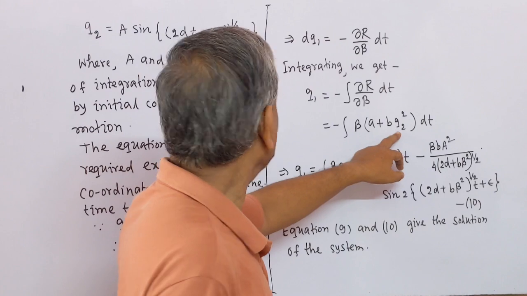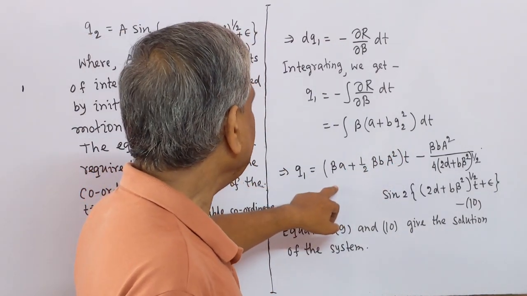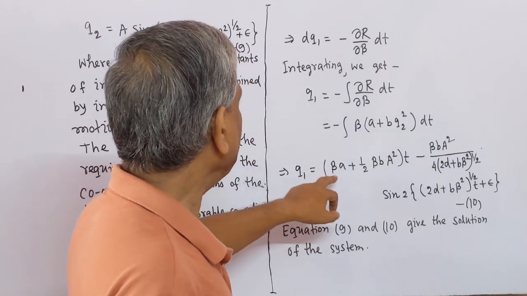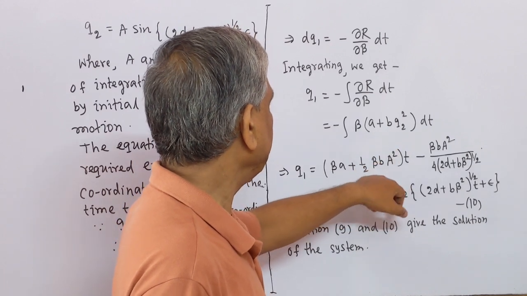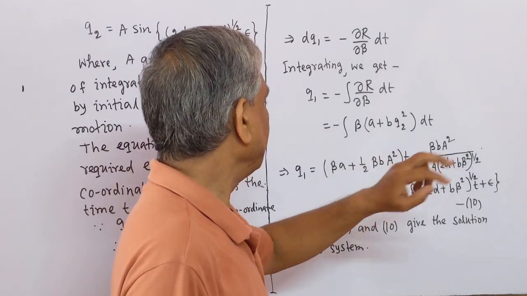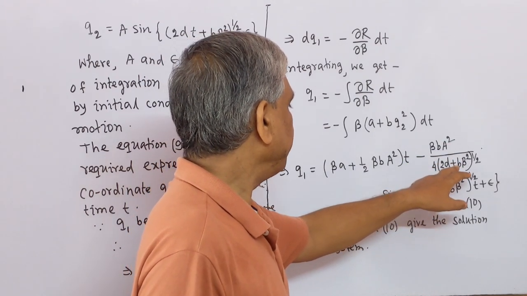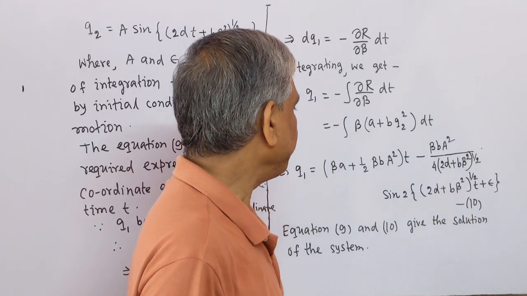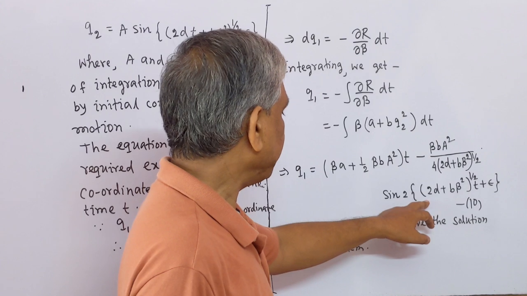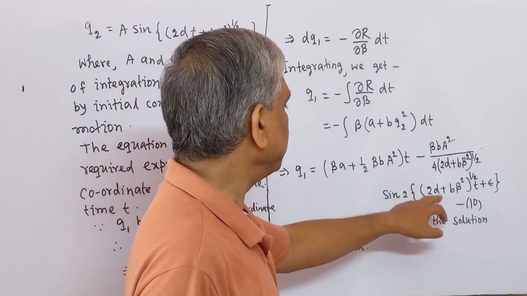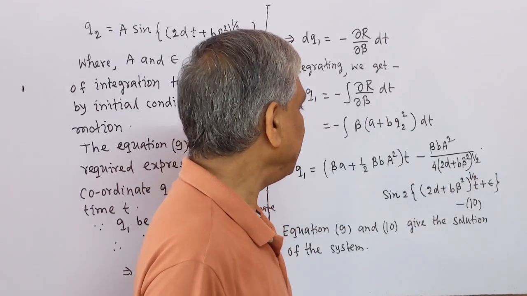Putting the value of Q2 from equation 9 and then integrating, we get Q1 equals beta A plus half beta B A square multiplied by t minus beta B A square by 4 (2D plus B beta square) to the power half multiplied by sine of 2((2D plus B beta square) to the power half t plus epsilon).